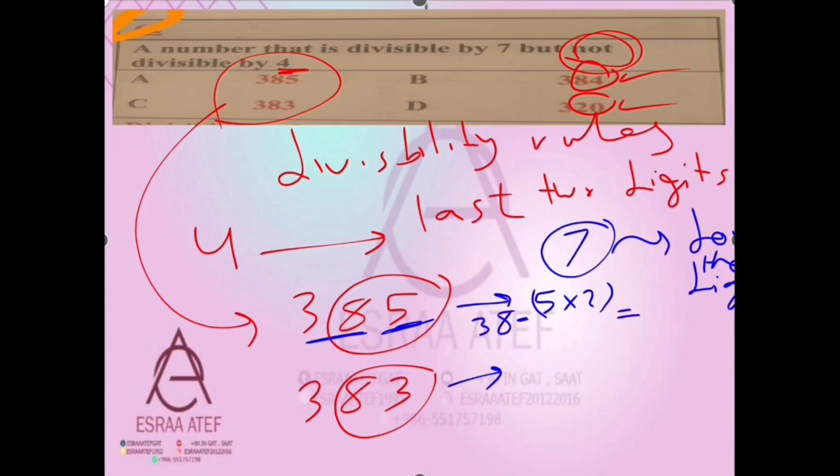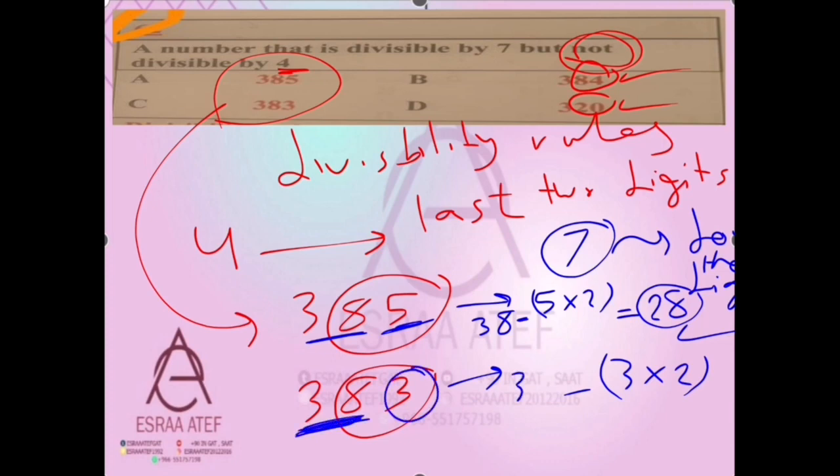So 38 minus 10, it will be 28, it can be divided by 7. Okay, the other one here, I will double the 3, it will be 6, and subtract it from the remaining, okay, which is 38. So 38 minus 6, it will be 32. 32 can't be divided by 7.